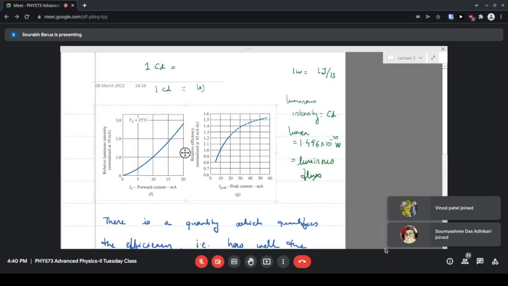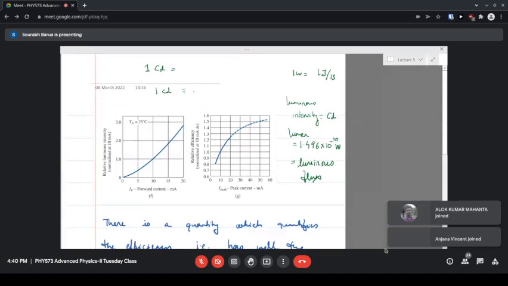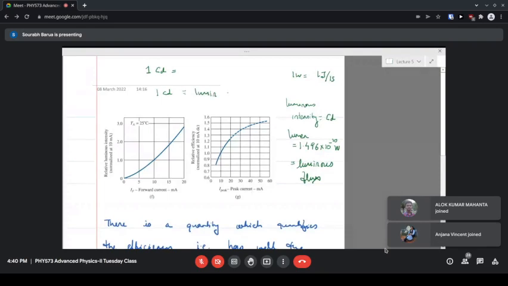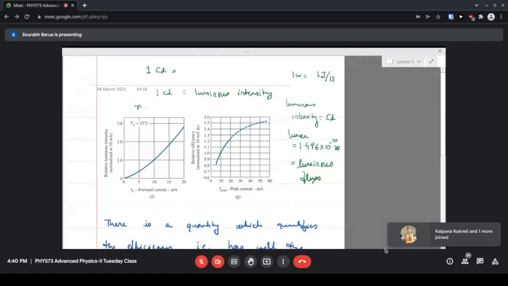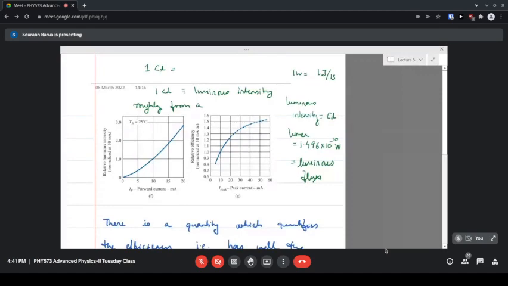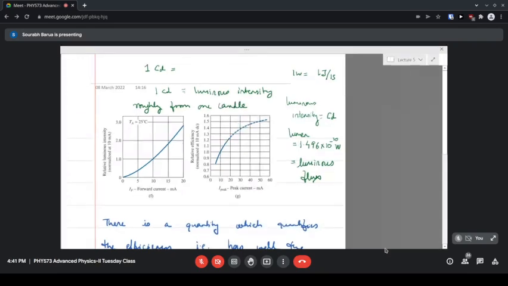So it is the luminous intensity. So 1 candela is the luminous intensity from, sir, we can define it like a power per unit solid angle, maybe. Yeah, so 1 candela is the luminous intensity which comes from 1 candle.